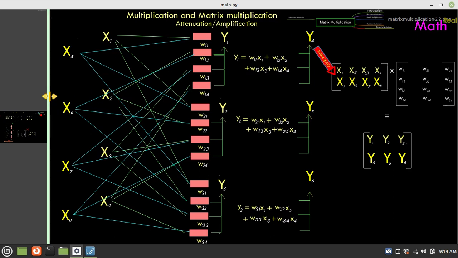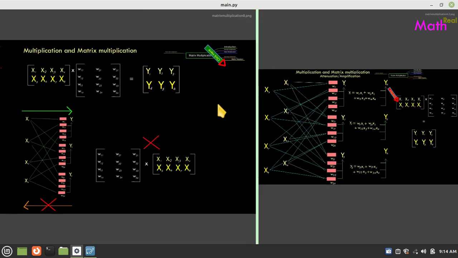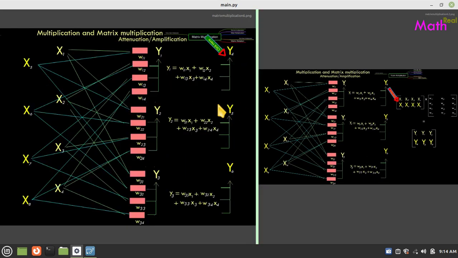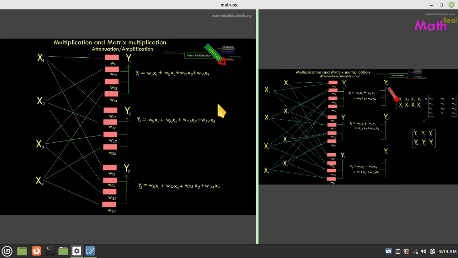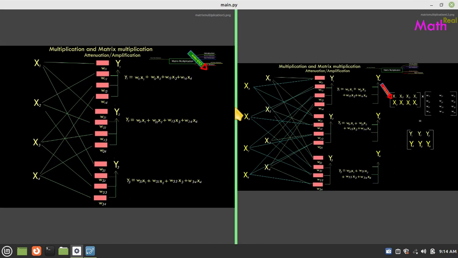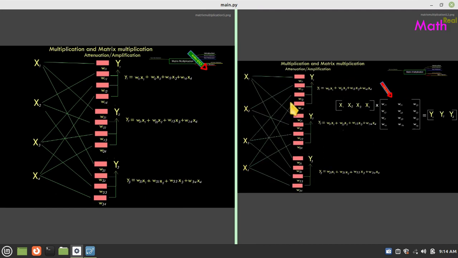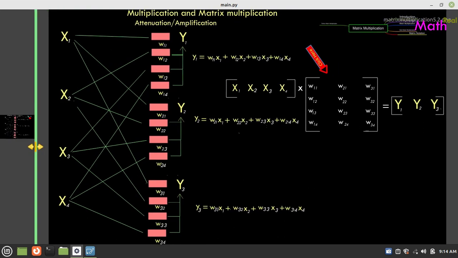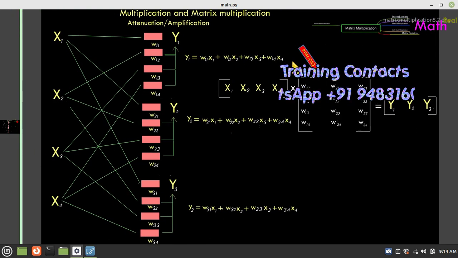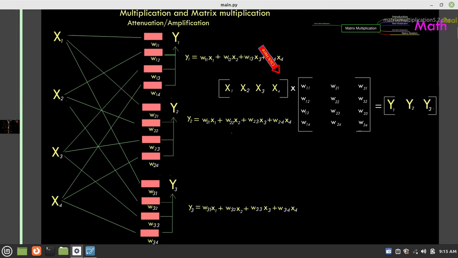In the previous case we had it like this. That can be represented like this. So we had x1, x2, x3, x4 and y1, y2, y3. Now we have x1, x2, x3, x4, the weight matrix, and y1, y2, y3.